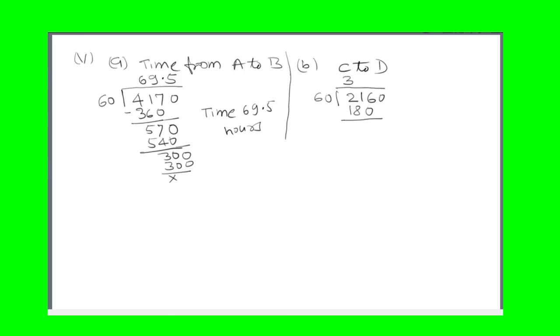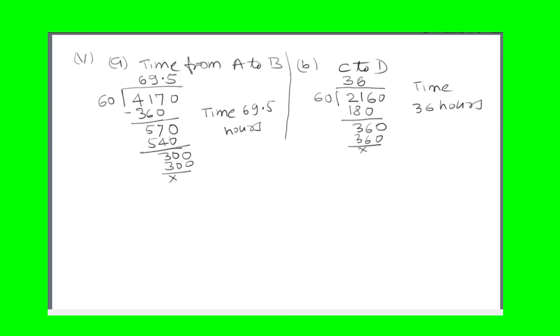Remainder is 36. We carry 0 from above, and it goes for 6 times, and remainder is 0. So the answer comes out to be 36 hours, if bus goes without any halt anywhere.